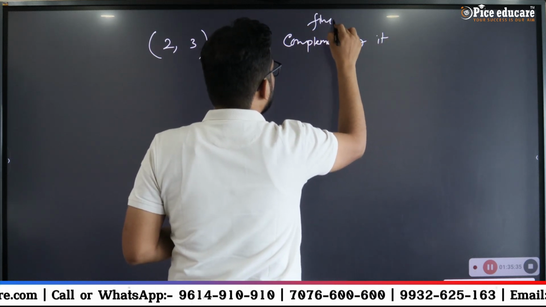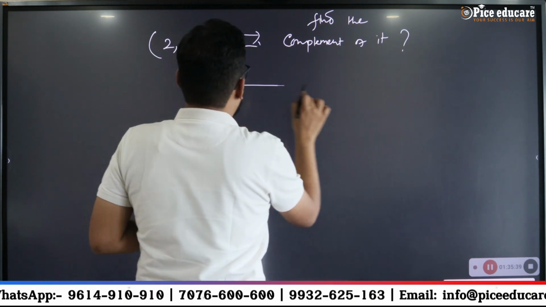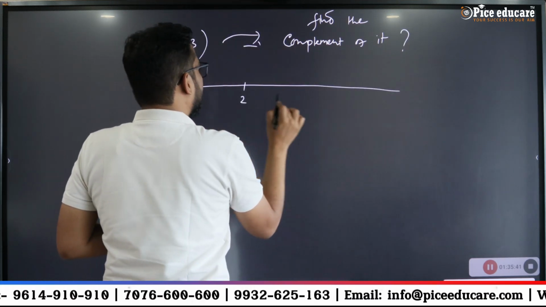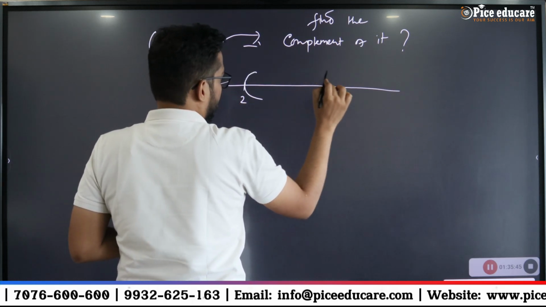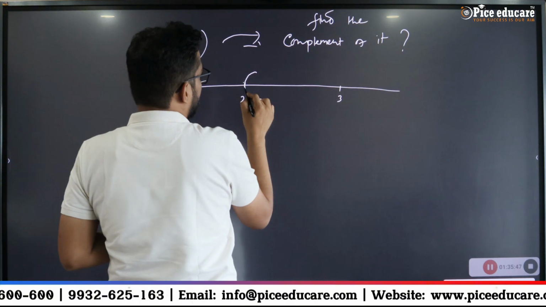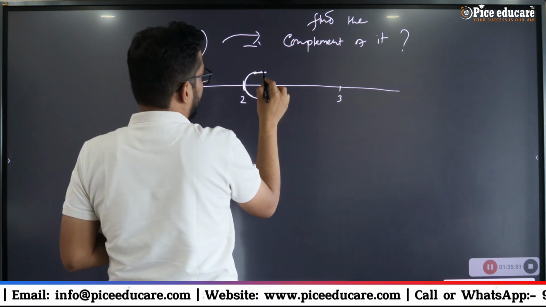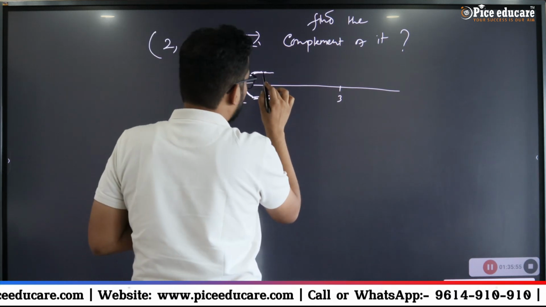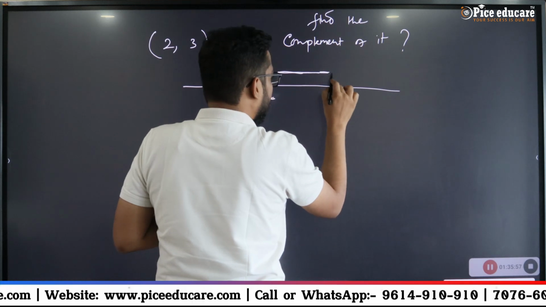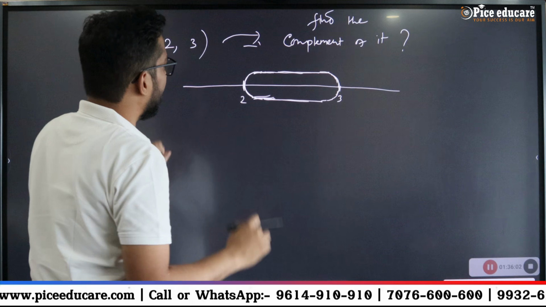If this is the question, then 2 is here, 3 is here, 2 you can't touch. Even though I am touching it, this first bracket kind of drawing makes it certain that we are not touching 2. And on this side we also do the same thing. So this is what we are talking about.